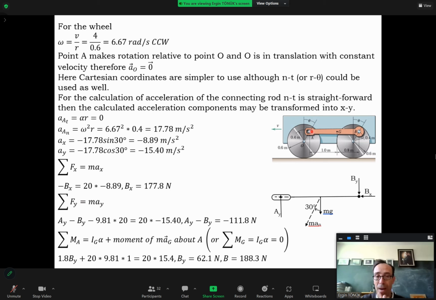So what I'm going to use is Cartesian, but you might also use NT or r-theta, the polar coordinates. Remember, in polar coordinates, since point B makes fixed axis rotation about O, r dot and r double dot would be 0, so they would yield identical results. The only difference is n is negative of r.